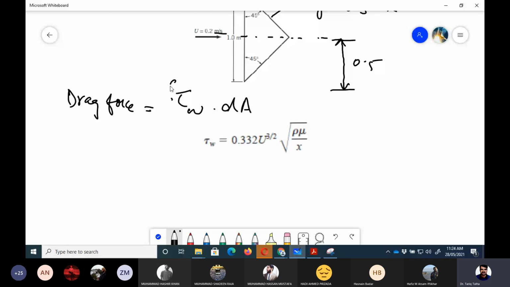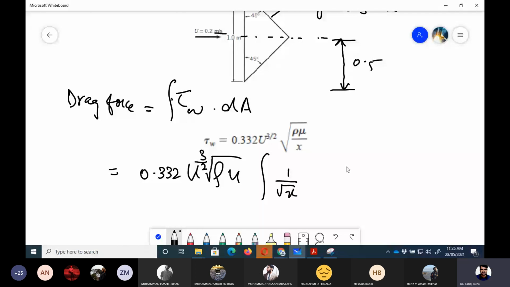So tau omega value is this, so we can just put it here: 0.332 U raised to power 3 by 2, and then we have got square root of rho, and then we have got 1 by square root of x, and then we have got dA.